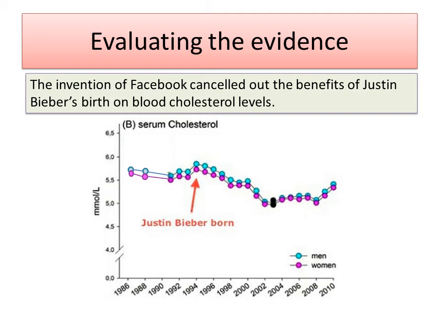And I can show you here what I mean by Justin Bieber being born in 1994, where the cholesterol levels are starting to fall, and just at the point where it starts to go back up, Facebook has been invented. So it's not hard to see that actually these two events have triggered the changes in blood cholesterol in the general population.